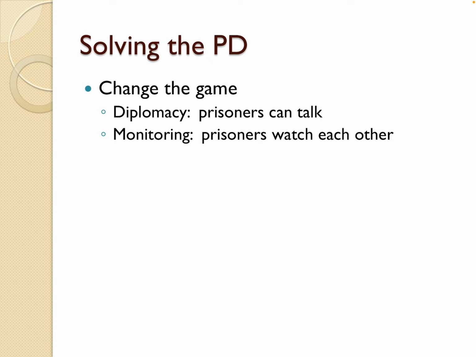So we call this monitoring. And again, this idea of the U.S. can't go into China, but maybe some other third-party entity like the UN or the World Trade Organization or something like that can go into China and report, here's what's happening in China right now. So it's monitoring. And because of that, you can make a more informed decision about whether you should cooperate or whether you should cheat.